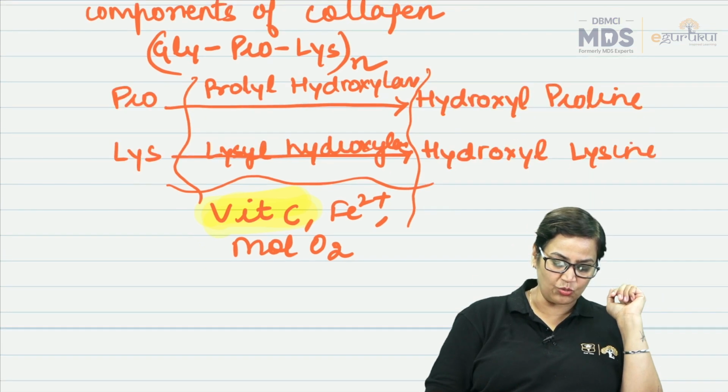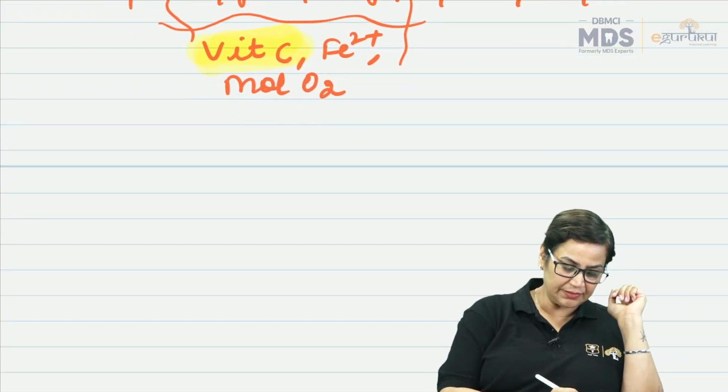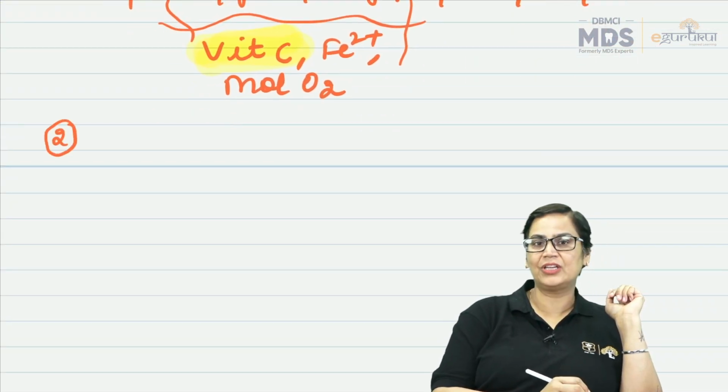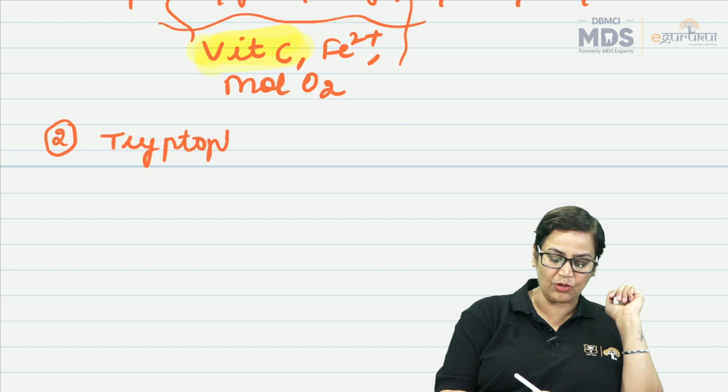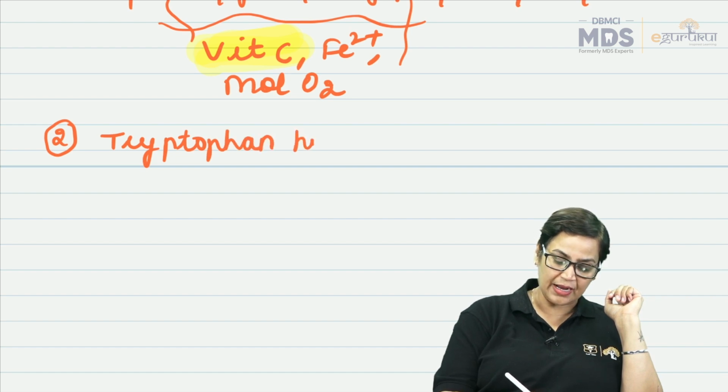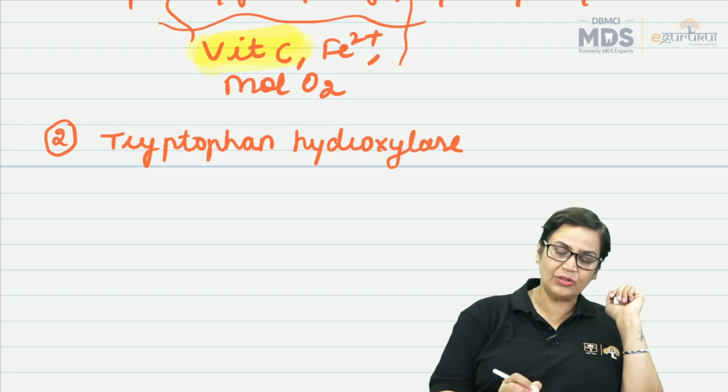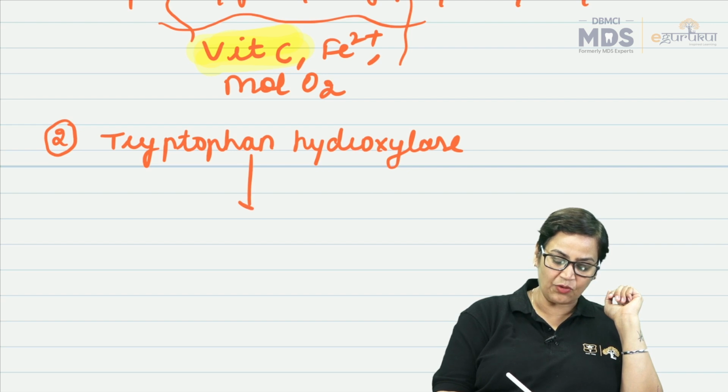Then coming over to the second function. The second function is it helps in the action of the enzyme tryptophan hydroxylase. Now this tryptophan hydroxylase is required for the synthesis of serotonin and melatonin.